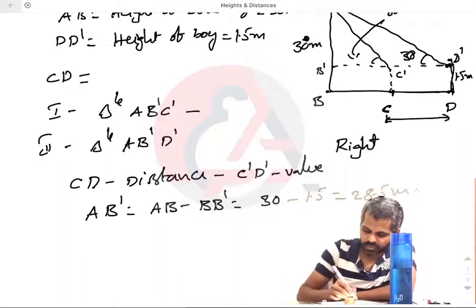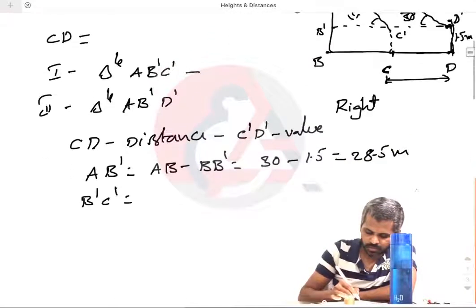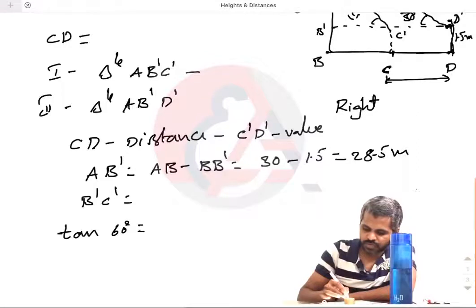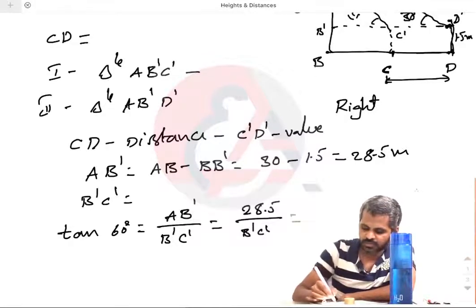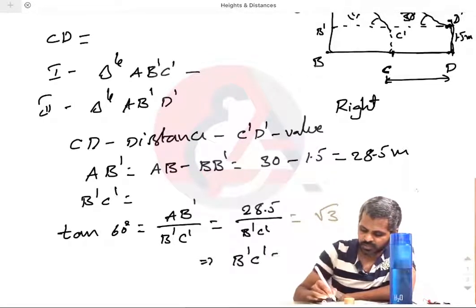We don't know the B dash C dash value. So from here, tan 60 degrees is opposite side by adjacent side, that is AB dash by B dash C dash. AB dash is 28.5, B dash C dash we don't know, and that will be equal to tan 60, whose value is root 3. From here B dash C dash will be equal to 28.5 by root 3 meter.